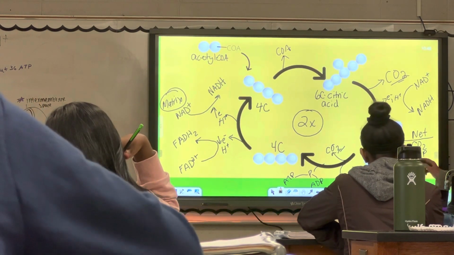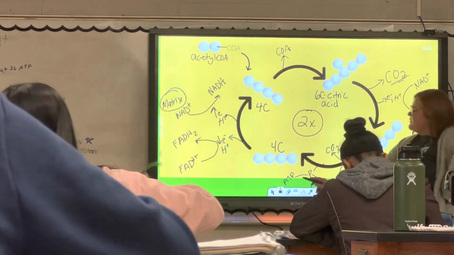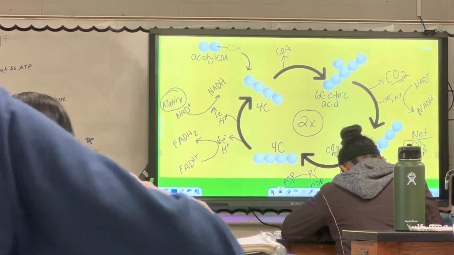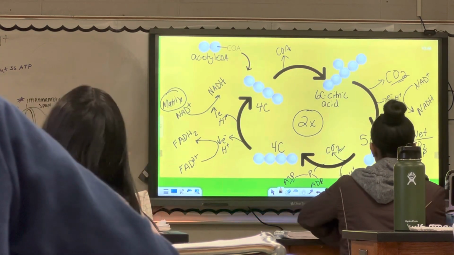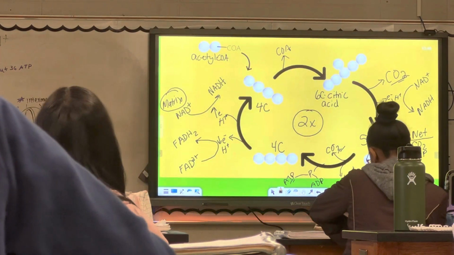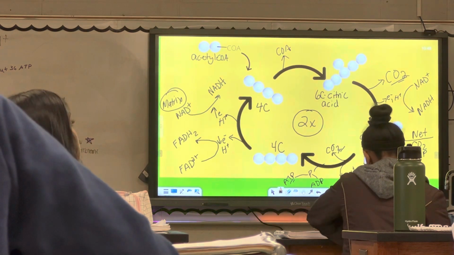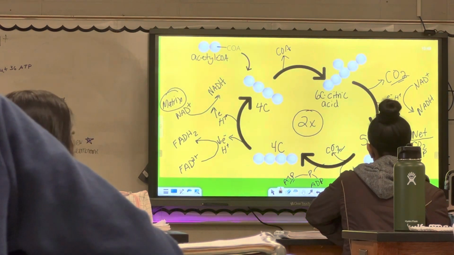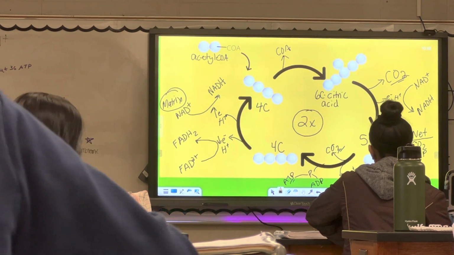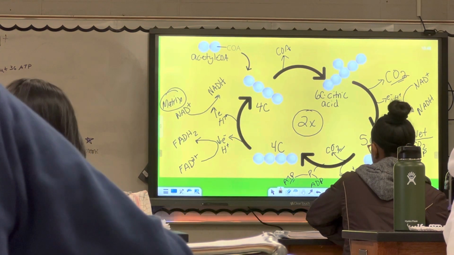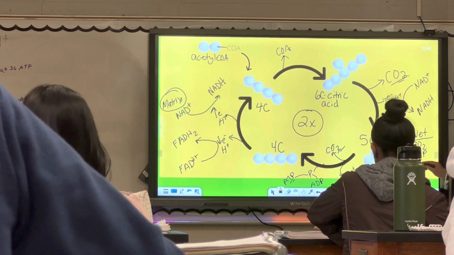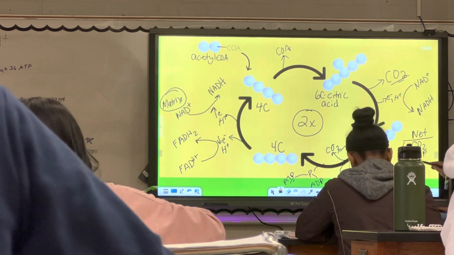You said 2. You were correct. 1 and 2. 2 times. That's the only place ATP gets produced. So is Krebs cycle a good producer of ATP? No. Where do you think all the ATP is going to come from? The ETC. How important are the folds? Very. Okay. FADH2. It's 2.